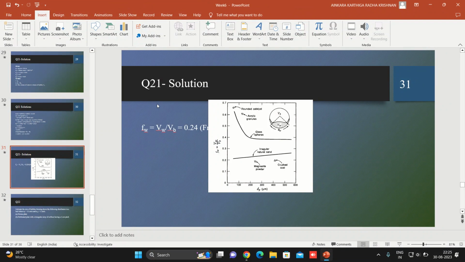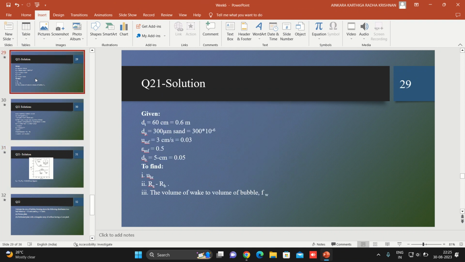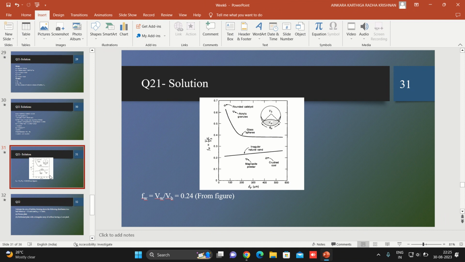So as you can all see from this slide, the diameter of the particle for our case is nothing but, it was 300 micrometer. So on crossing this path at 300 micrometer for the natural sand, we are getting somewhere around here.